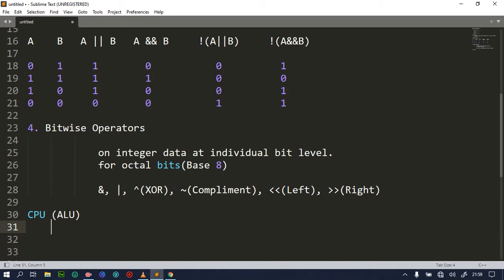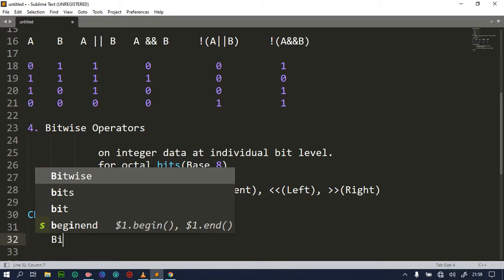It works at that level because the ALU carries out operations in form of bits altogether. So what we need to know is how each of them operates. Now we shall begin with the bitwise AND.